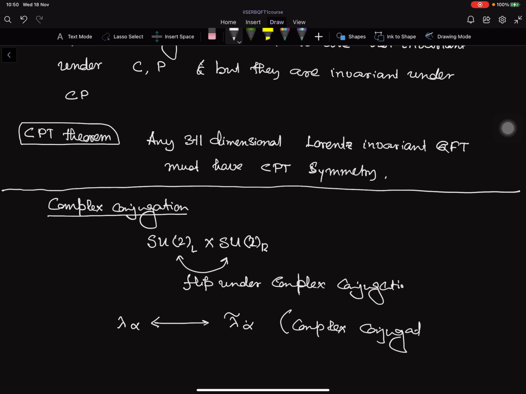This will be very important when we try to construct the action, because finally the action should be real. Whenever we construct an action, it should be Hermitian, right?